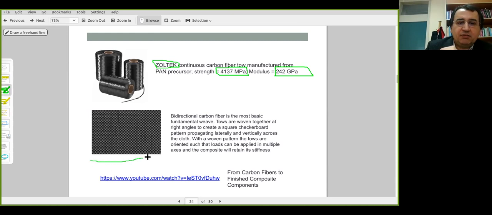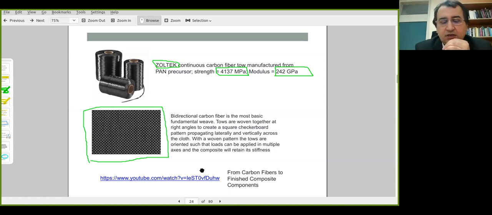This is bidirectional fabric, and thus when you incorporate it into the matrix material, and when you produce a ply out of this, there is going to be reinforcement in mutually perpendicular directions.